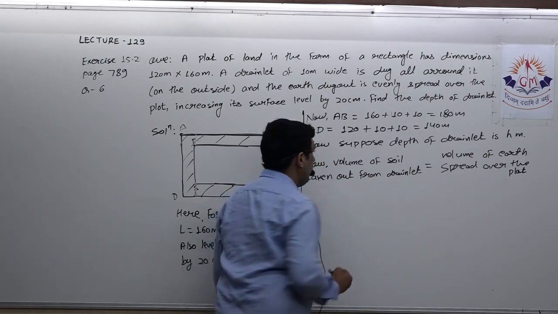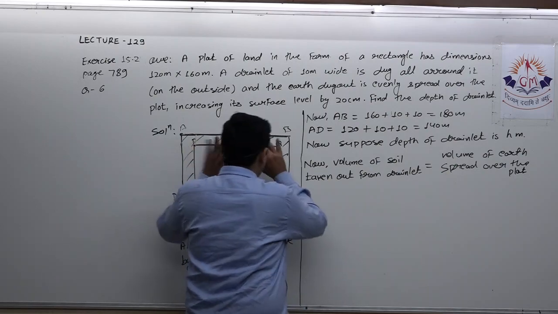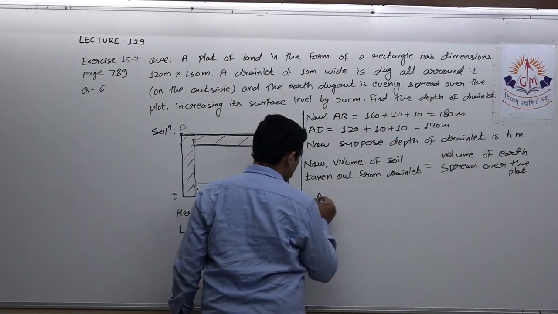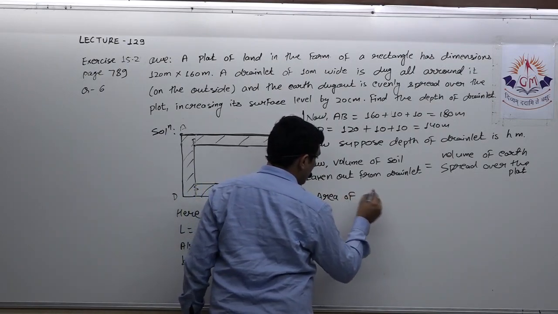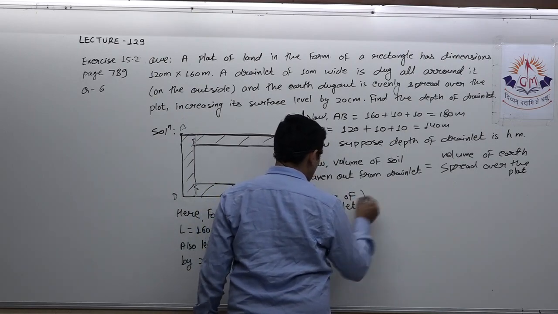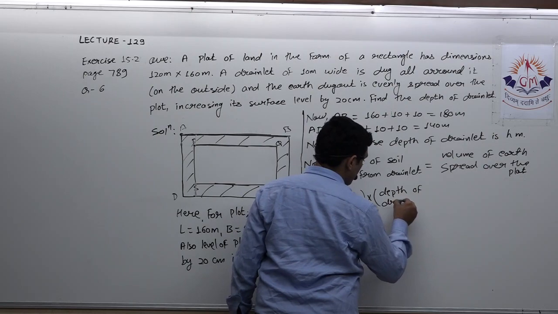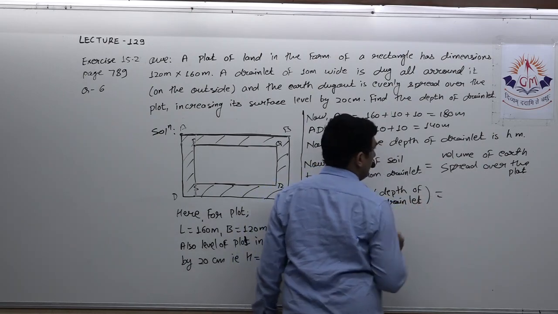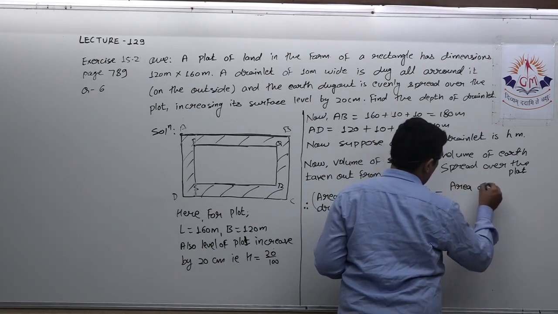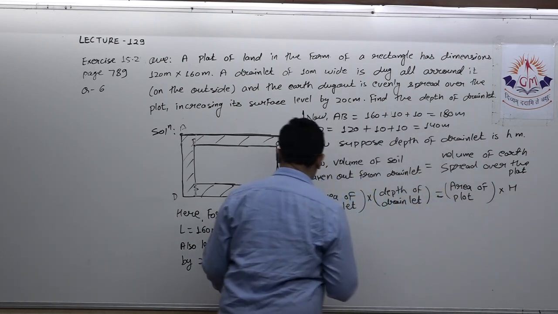Now, how to find the volume of soil taken out from the drainlet? In top view, it is the area of the drainlet multiplied by the depth of the drainlet. The volume of earth spread over the plot is the area of the plot multiplied by h, which we assumed already.